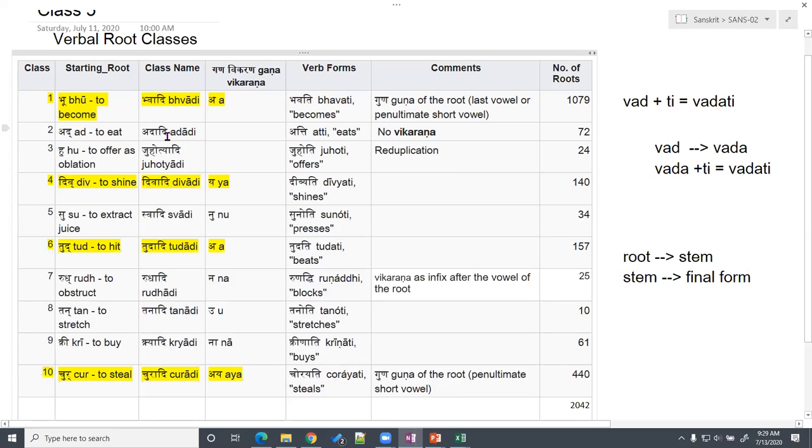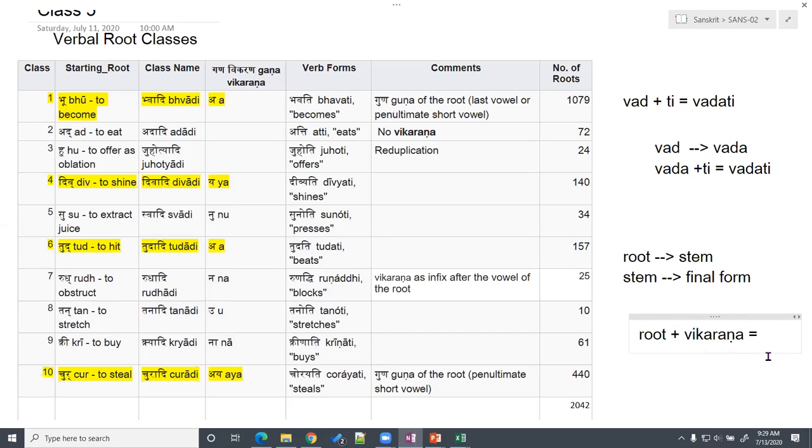And the stem is formed by root plus Gana Vikarana. So this Gana Vikarana is the one which is responsible for making the stem. The way you make the stem is root plus Vikarana is stem.